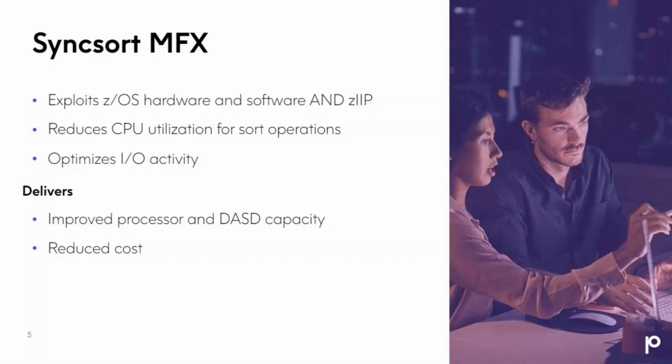Therefore, we can significantly reduce CPU utilization for sort operations and optimize I/O activity that will ultimately reduce contention in order to control software costs and delay CPU upgrades. This also frees up general purpose MIPS for handling increased data volumes and new workloads. Ultimately, we want to drive cost reduction strategies by reducing software charges and delaying CPU upgrades.